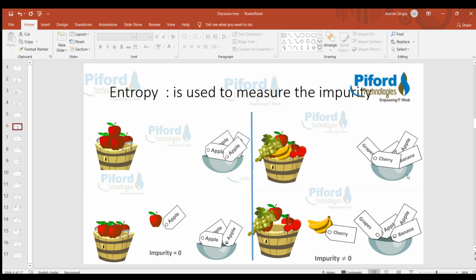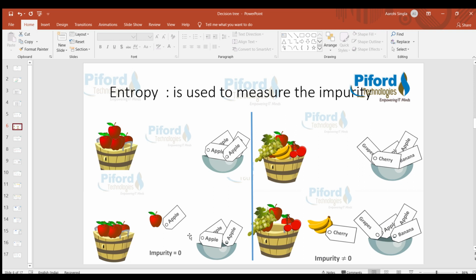Now, what is entropy? Entropy is basically a measure of impurity, right? Let's understand this topic with the help of this example. Over here, in this basket we have fruit, but all the fruits are similar. We have all apples in the basket. And in this other basket, we have tags, and all the tags have similar things written on them.